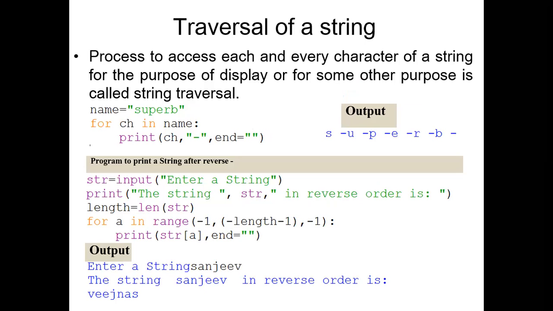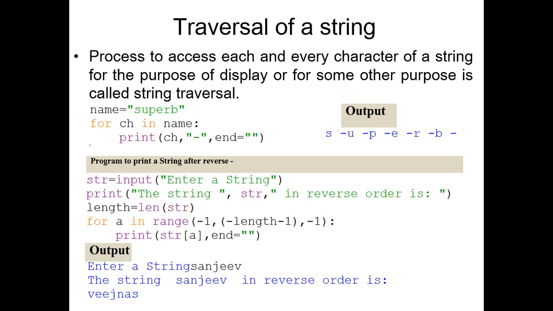Traversal of a string. The individual characters of a string are accessible through the unique index of each character. Using these indexes, we can traverse a string character by character.